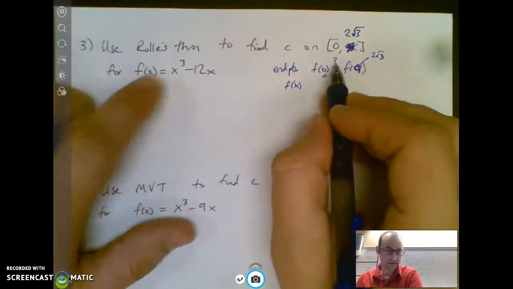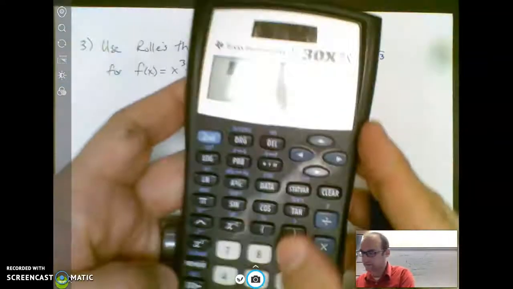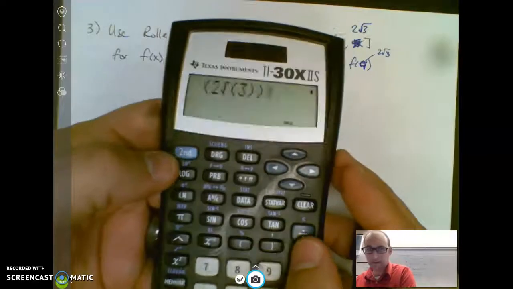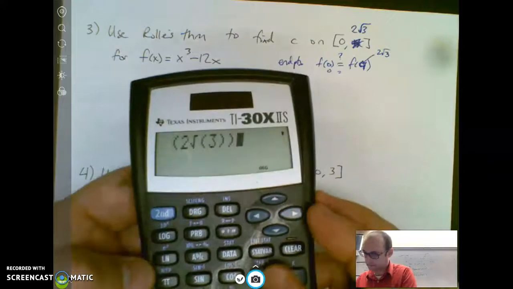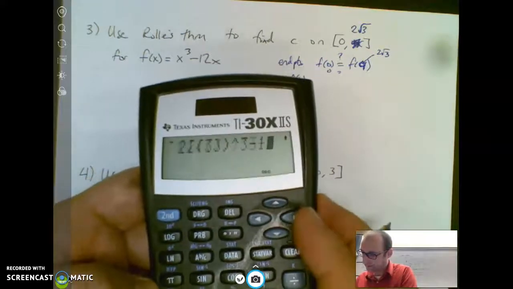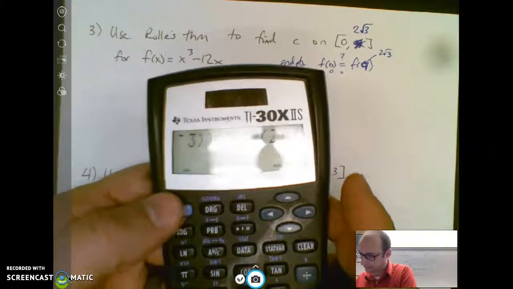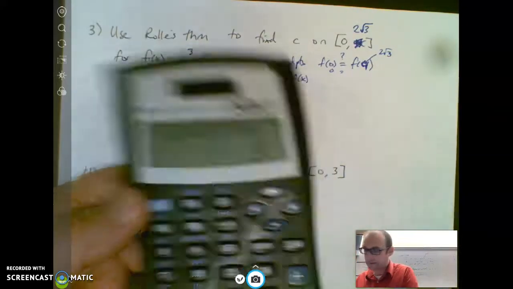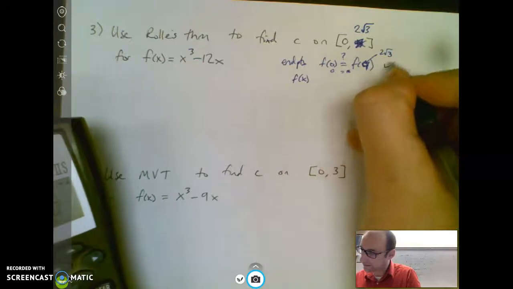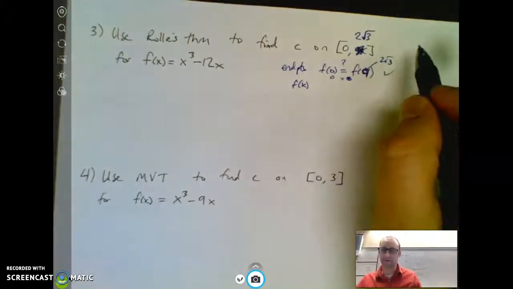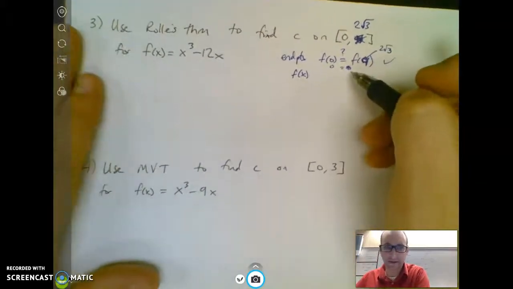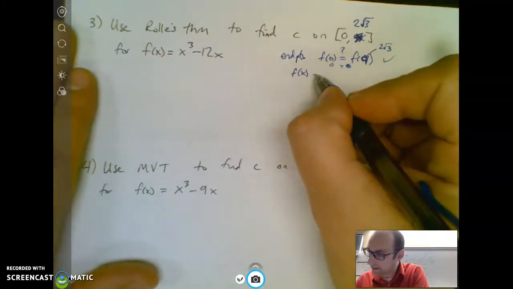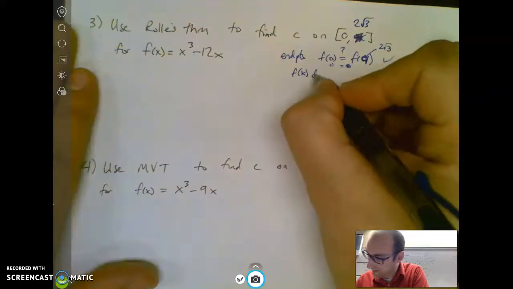If you type in 2 radical 3 in parentheses, so 2 radical 3 cubed minus 12 times 2 radical 3, you get 0 also. So the endpoints match up. If you used a 4, you just wouldn't do this problem and say Rolle's theorem doesn't apply because the endpoints don't match.